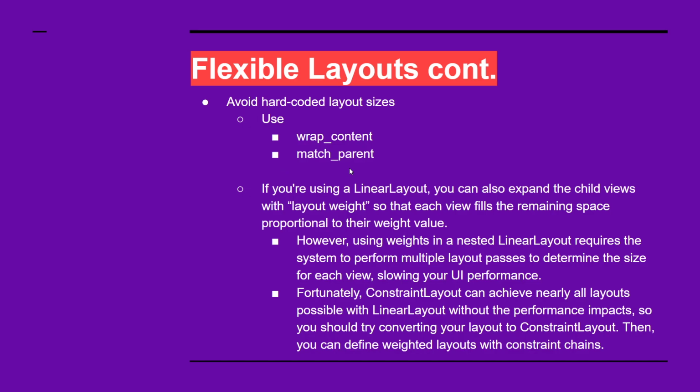Wrap content means the width or the height, if you specify wrap content, it will just wrap from the content. So overall the content will be wrapped, and the user interface component's size will be dynamically adjusted according to the wrap of the content.